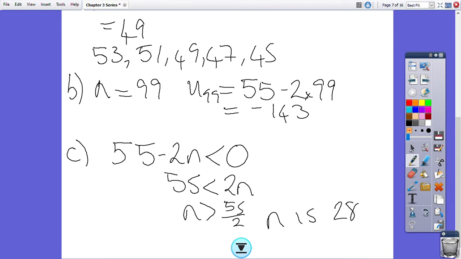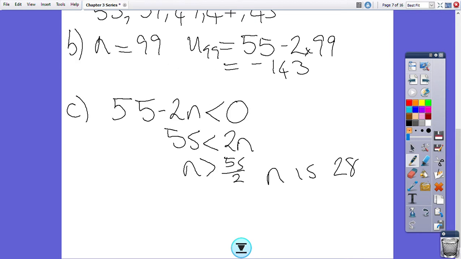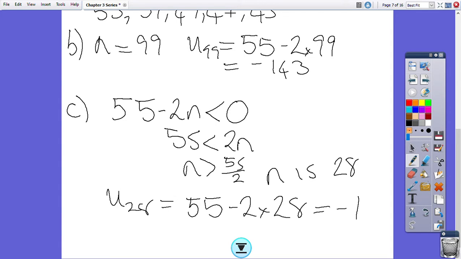But it's not quite the finished bit. We now need to substitute that into our original formula and work out what u28 is equal to. And if we do that, we'll do 55 minus 2 times 28, so that's 55 minus 56, which is minus 1.